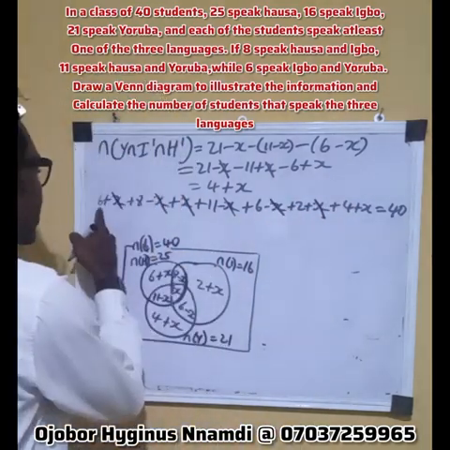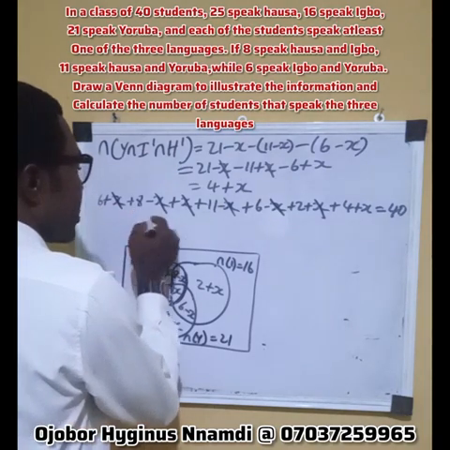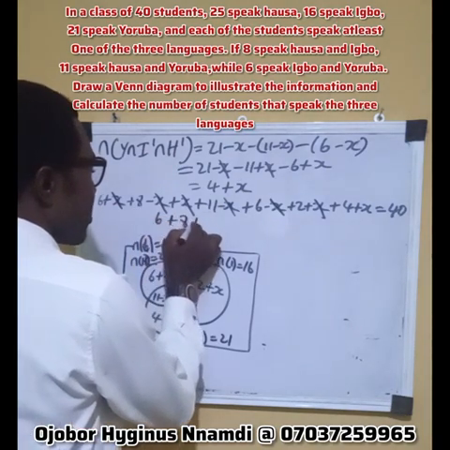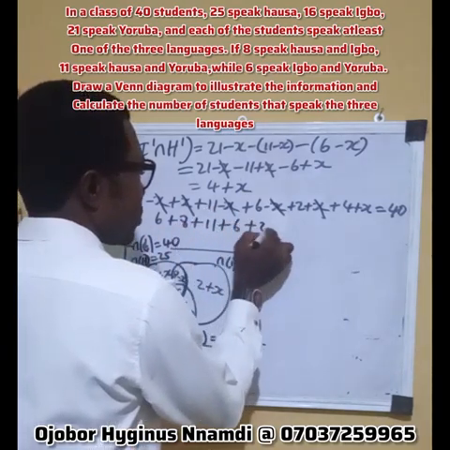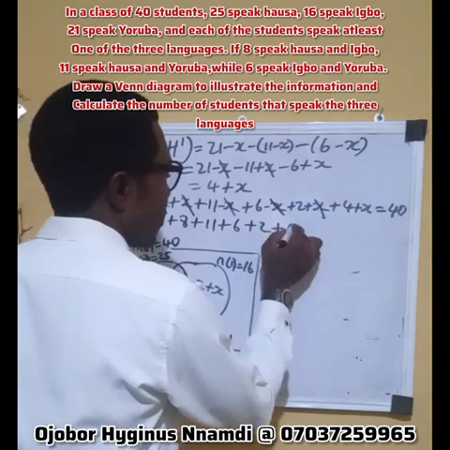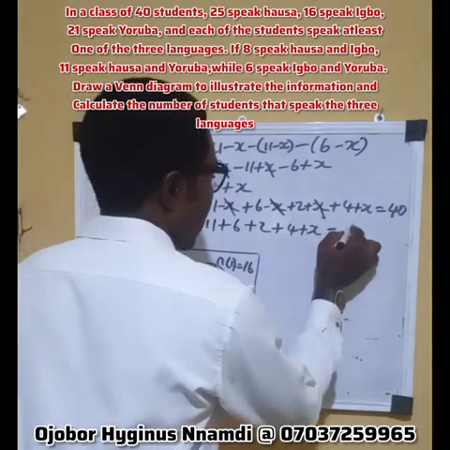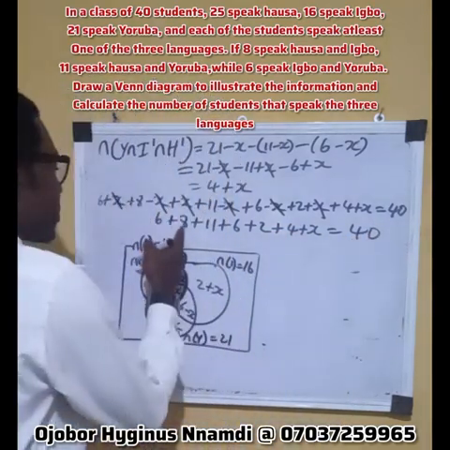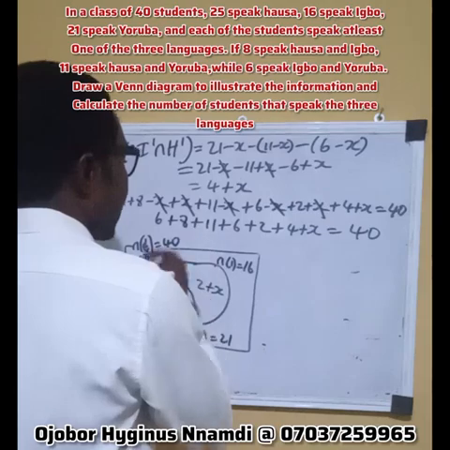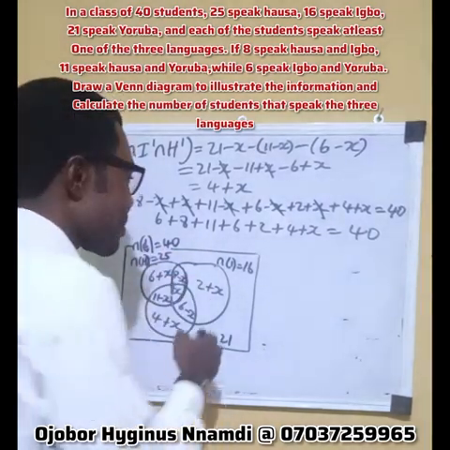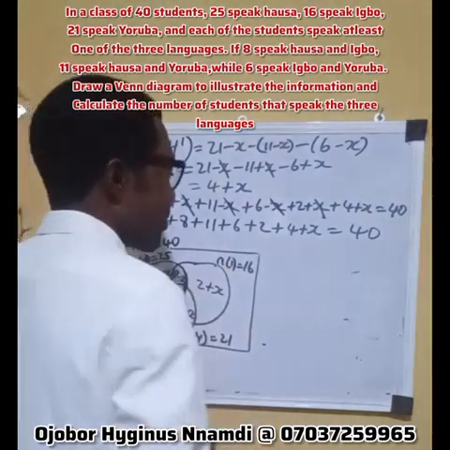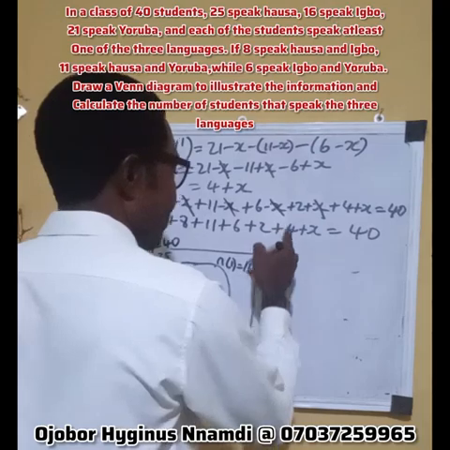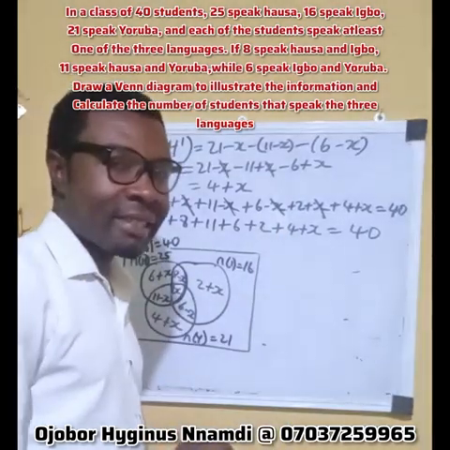And then we have 6 plus 8 plus 11 plus 6 plus 2 plus 4 plus x is 40. 6 plus 8 is 14, plus 11 is 25, plus 6 is 31, plus 2 is 33, plus 4 is 37.